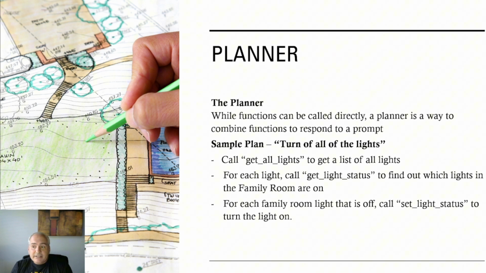For each light, and when you see that for each, that means that's a loop, that's code, right, get the light status, and then finally for each light that is off, again a loop, call set light status to turn the light on. So again, just verbalizing how the code might be structured, it would probably look like this if I was putting together a plan.